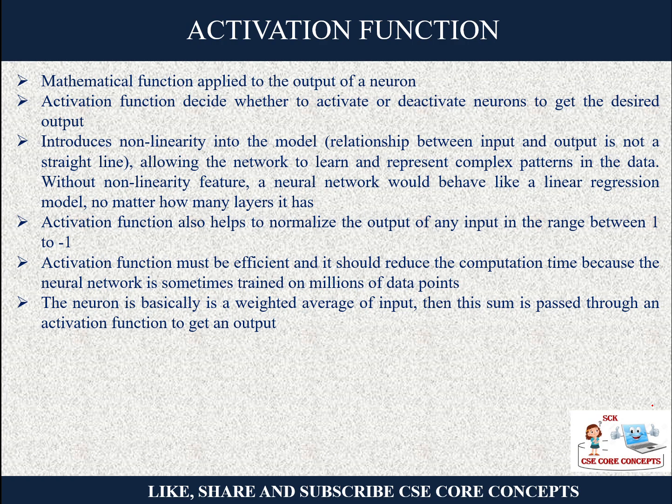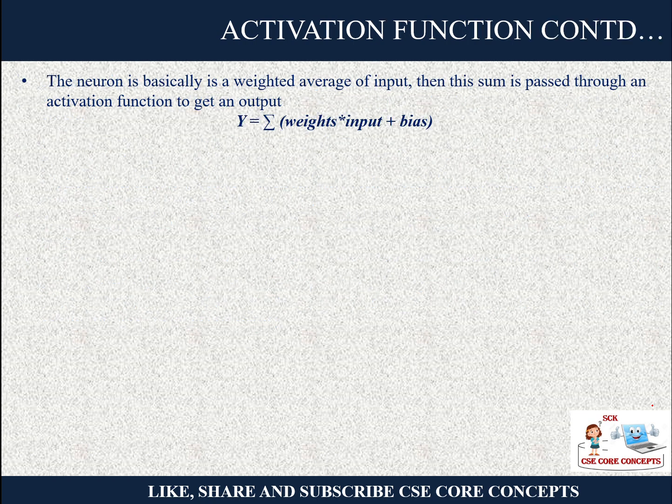So the neuron is basically what? It is a weighted average of the input, and this answer we will pass through the activation function. It will give us a proper output. Understood? So the neuron is basically a weighted average. We have discussed in my earlier video also that you have some inputs, you are applying weights on the inputs, multiplying them, plus you are adding some bias W0, I hope you remember, and you are summing them all up.